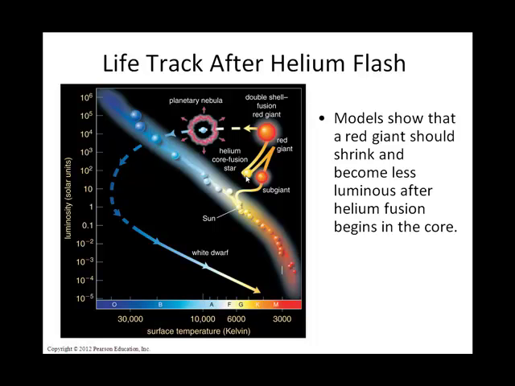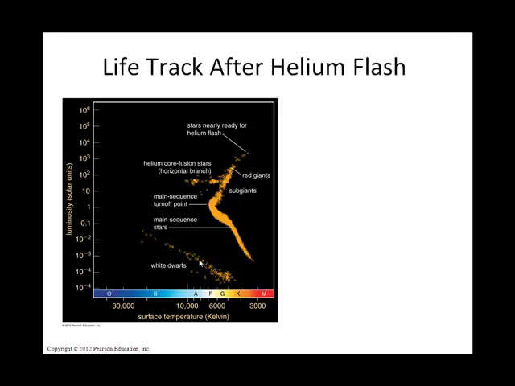For a short time, it's that core helium fusion into carbon. We're going to see in a minute that it runs out of helium to fuse into carbon. Basically, it has a core of carbon, and it expands up here again to another red giant, and eventually it's going to move down here, cool off, and become what we call a white dwarf. And I'll talk you through that.